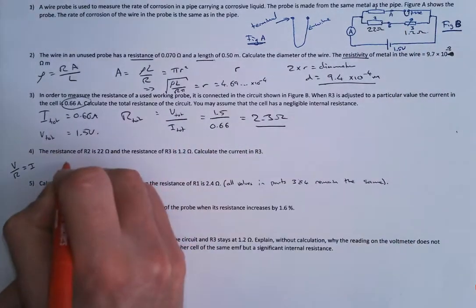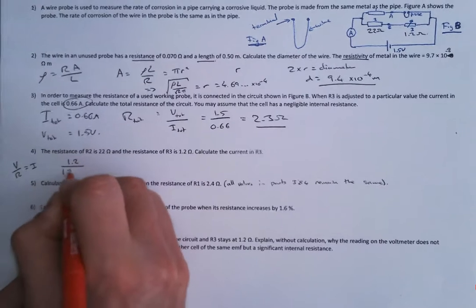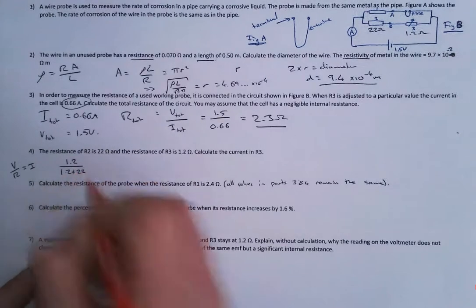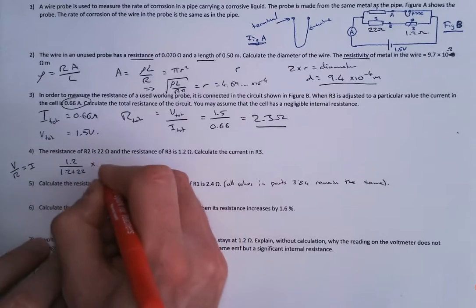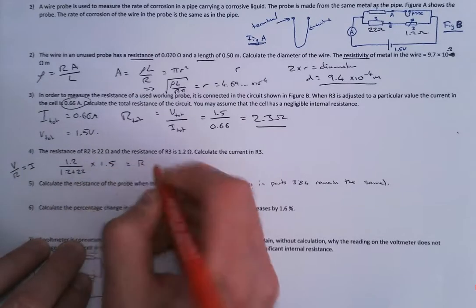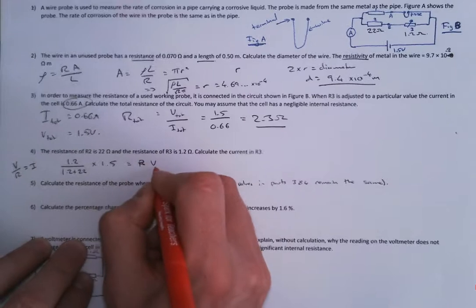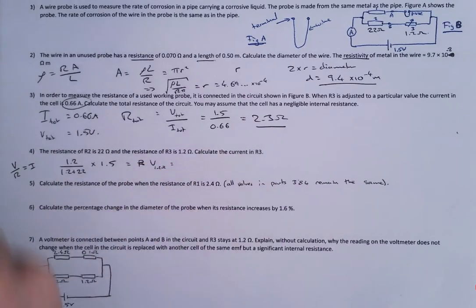So what we're going to say is 1.2 over 1.2 plus 22 ohms times our input potential difference will give us the potential difference of the 1.2 ohm resistor, which is 1.2 divided by 23.2 times 1.5.